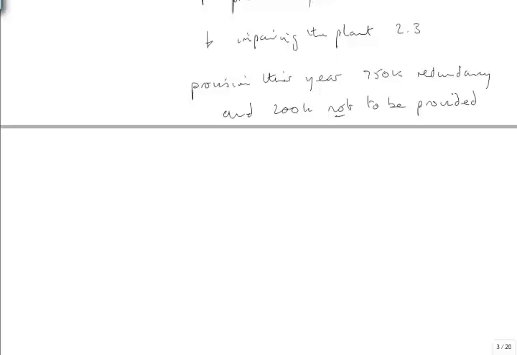Trading losses from July to September. Losses July to September of 600,000, not provided. They will be recognised in this year's figures.